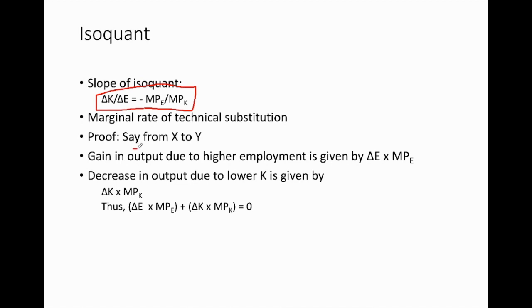Let's say we want to change the input mix combination between capital and labor. We are now moving from X to Y as indicated in the diagram. So the gain in output due to higher employment, because moving from X to Y means we are hiring more workers, is expressed by this term, where the change in employment times the marginal product of worker gives us the gain in output.